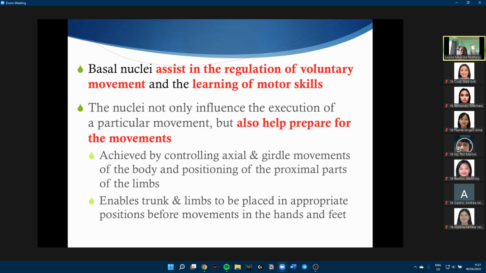And the girdle, of course, elevates a little your upper arms. And with that, later on, will follow your hands that will then shoot the ball. First, axial and girdle, then the proximal part, and lastly, of course, the positioning of the hands. That is in relation to preparing for a movement.